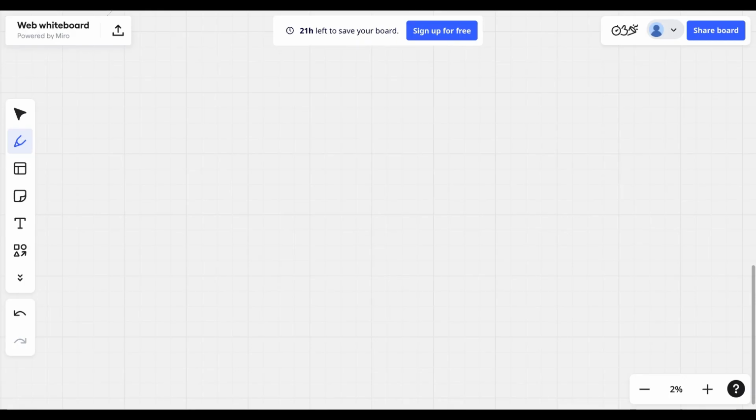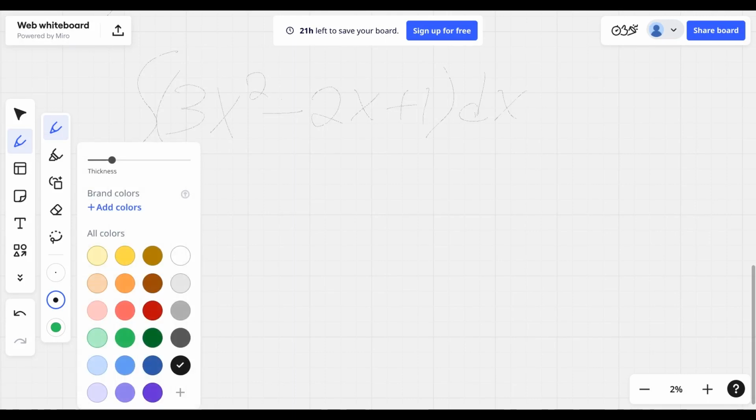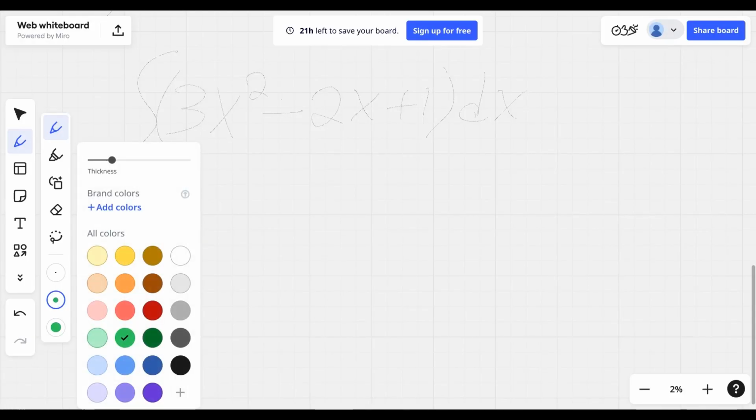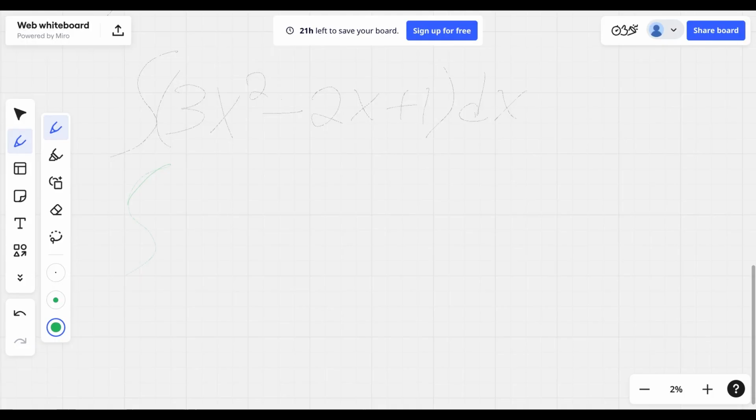Now we're going to try an easy example together just to make sure you guys have the hang of this. So the integral of 3x squared minus 2x plus 1 dx. Here the first thing we would do would be to separate. So we would separate it using the sum rule.